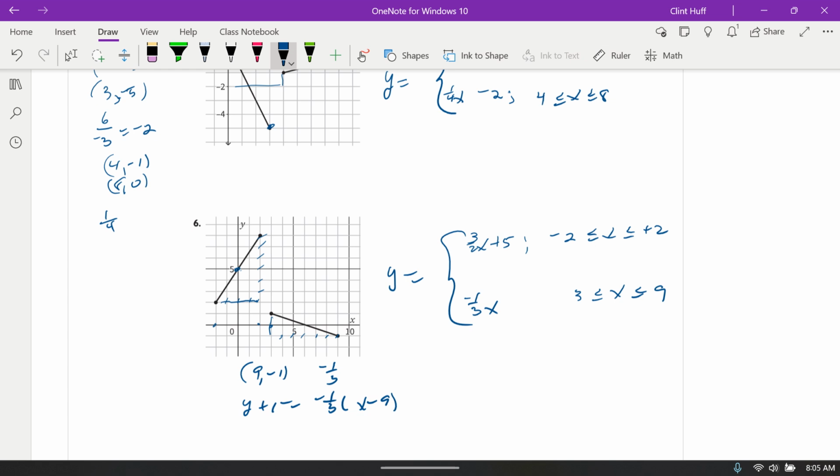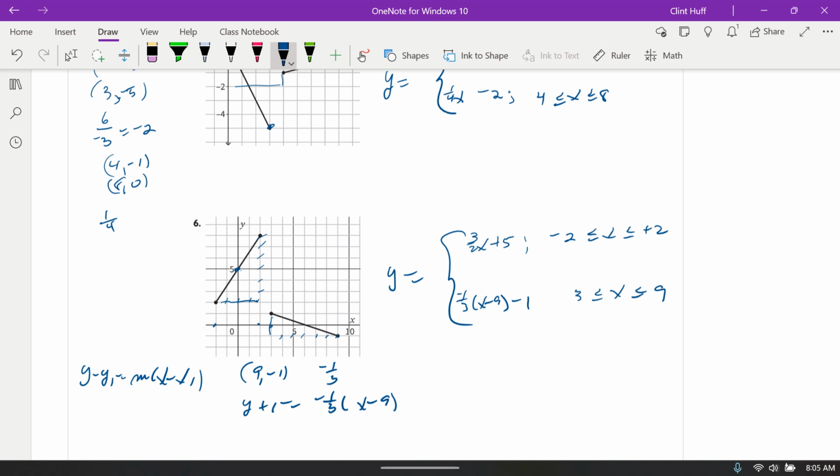That's point slope form. Y minus y1 is m times x minus x1. So I plopped in 9 for the x value, negative 1 for the y. So the way I can write this would be negative 1/3 of x minus 9, minus 1.